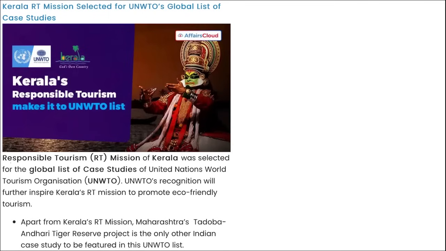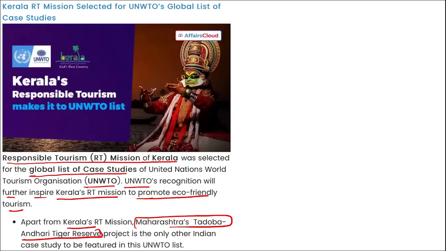So here you can see Responsible Tourism Mission of Kerala was selected for the global list of case studies of UNWTO, and UNWTO's recognition will further inspire Kerala's RT mission to promote eco-friendly tourism. And apart from Kerala's RT mission, Maharashtra's Tadoba Andheri Tiger Reserve project is the only other Indian case study to be featured in this UNWTO list.